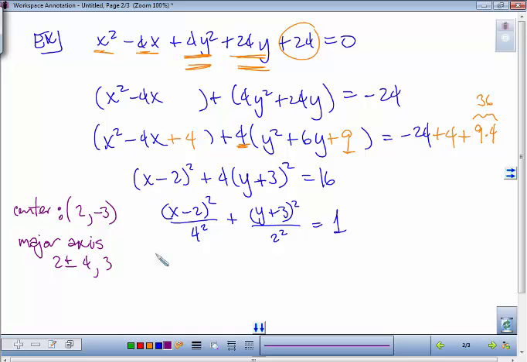So 2 plus 4 is 6, right? So that is 6, comma -3. And then 2 minus 4 is -2, -2, comma -3. So that's your major axis.